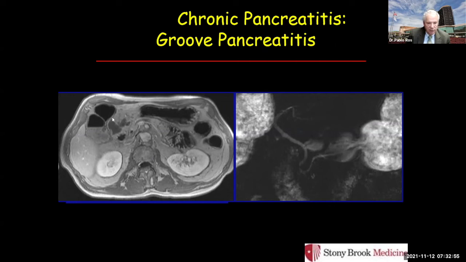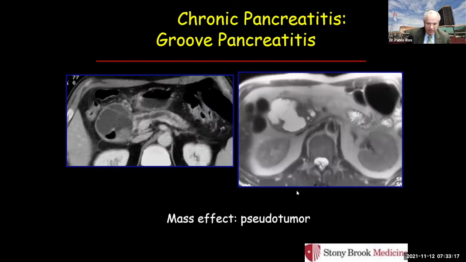You see it here with a little bit more advanced delayed gadolinium. This is the groove pancreatitis compressing the areas, and you see the indentation medially and the indentation laterally of the duodenum. You have to think that this is potentially a patient with chronic groove pancreatitis.